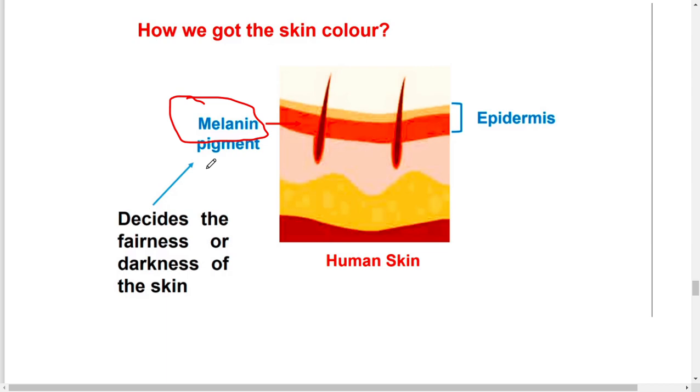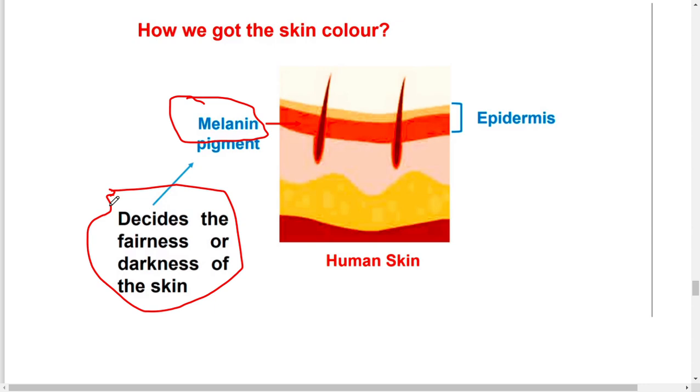The epidermis has skin cells. The melanin is synthesized in certain glands of the skin, and the percentage of melanin decides the fairness or darkness of the skin.